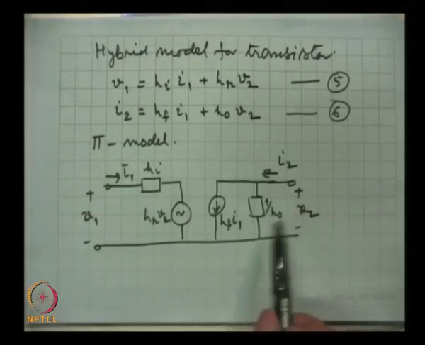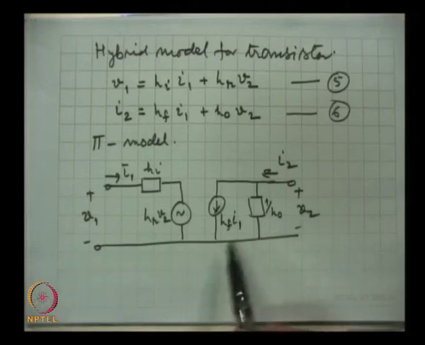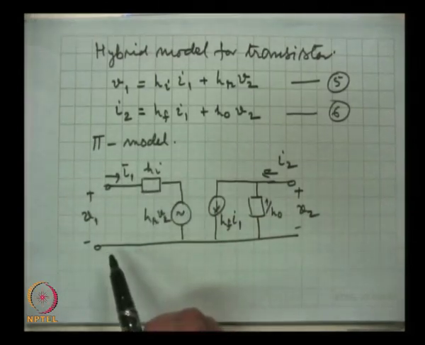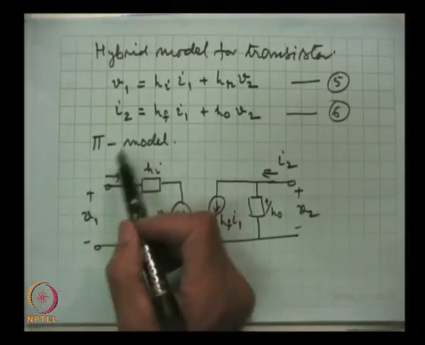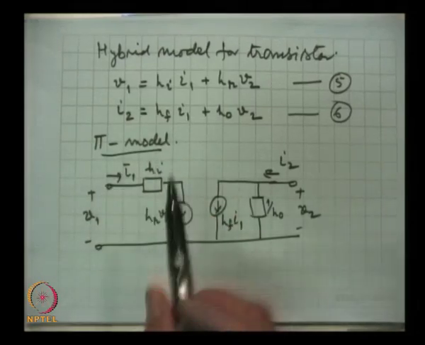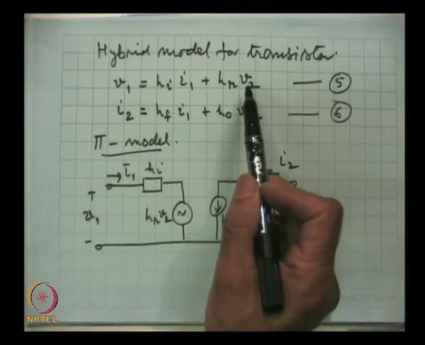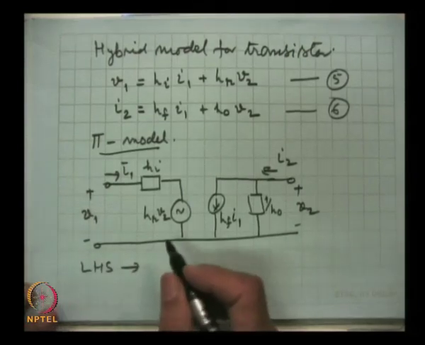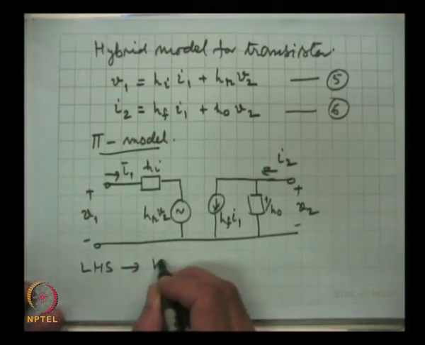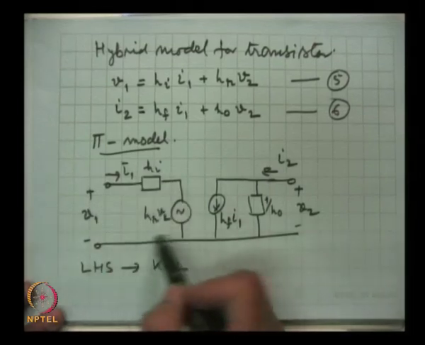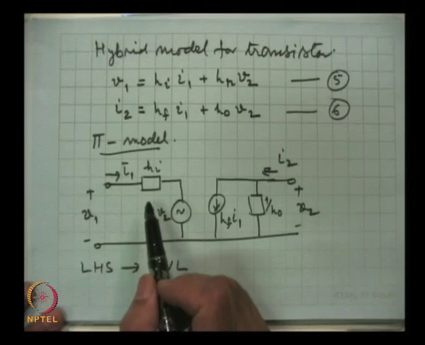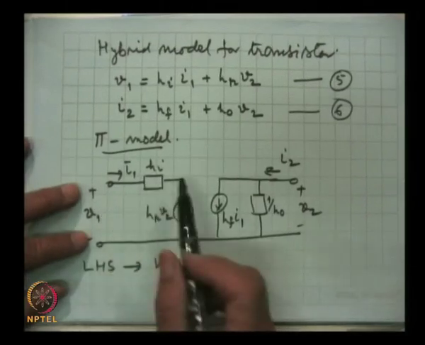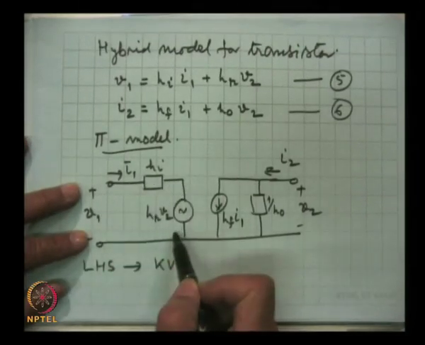Now, how did I arrive at this model? The first equation we get from the left hand side of this pi model. If we use this left hand side, then this is exactly what this equation is. That is Kirchhoff's voltage law. For any loop, the summation of voltages has to be equal to 0, or the applied voltage has to be taken as drop at all places.